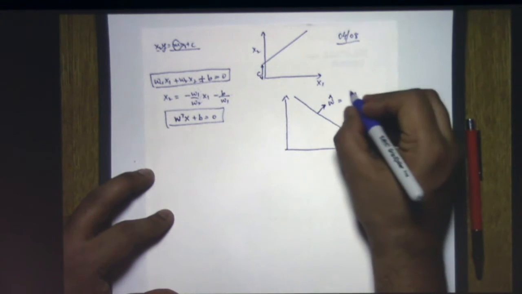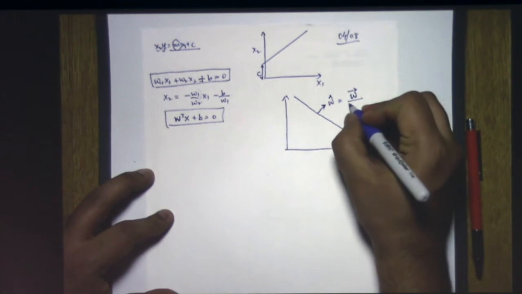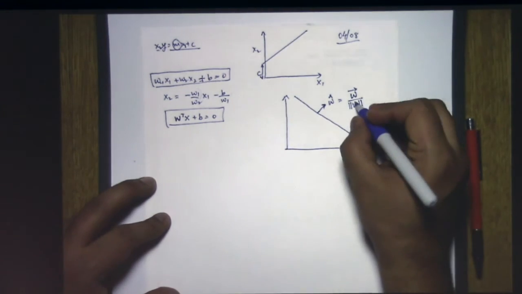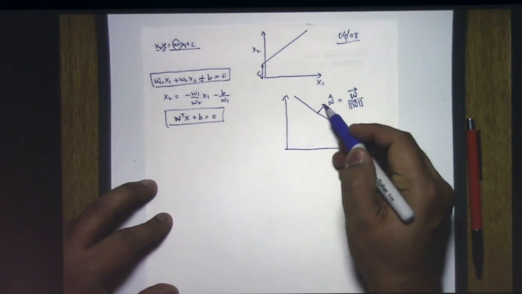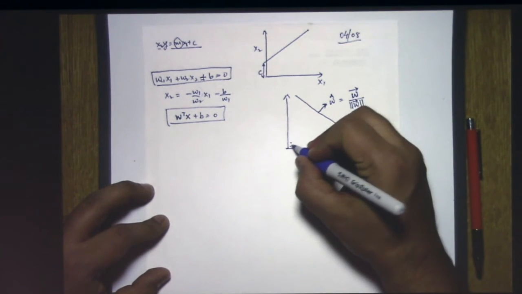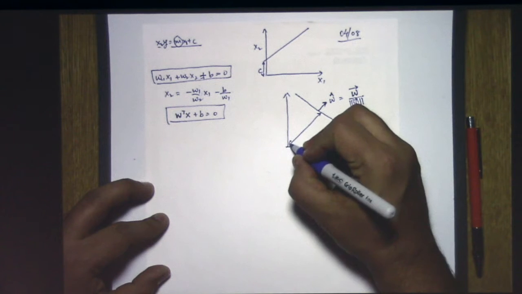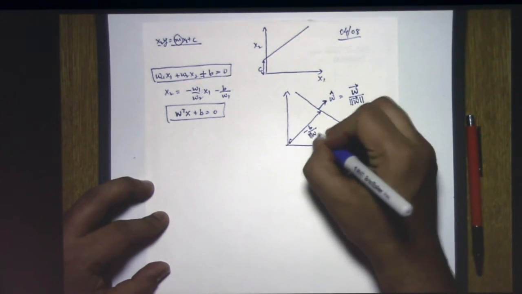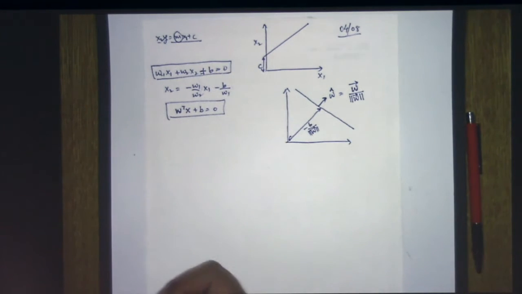You represent it divided by the norm of W, and so this is a unit vector. This is what W represents, and the distance between the origin and the line is given by this. So this is how geometrically we would interpret this line.